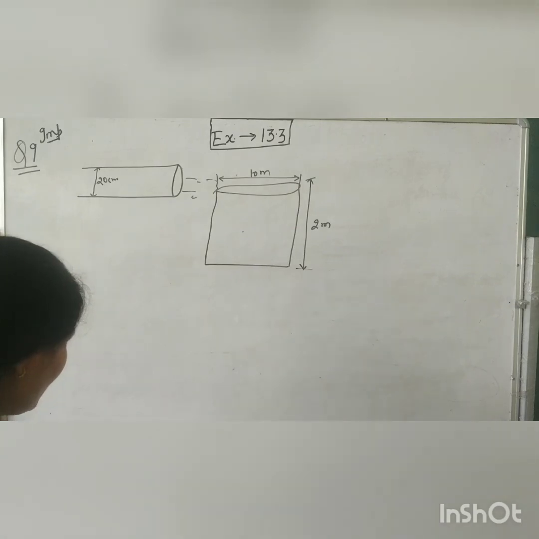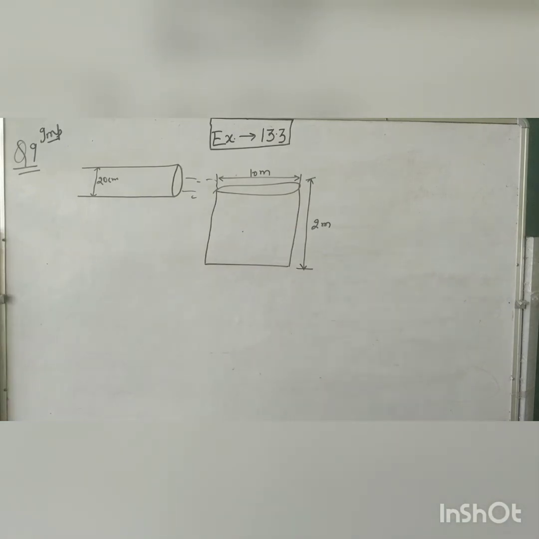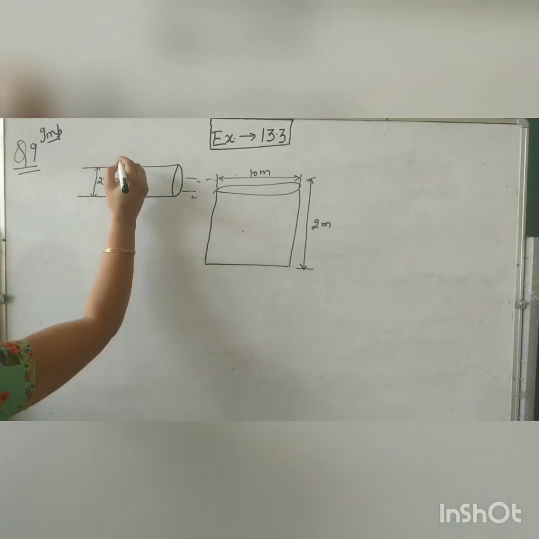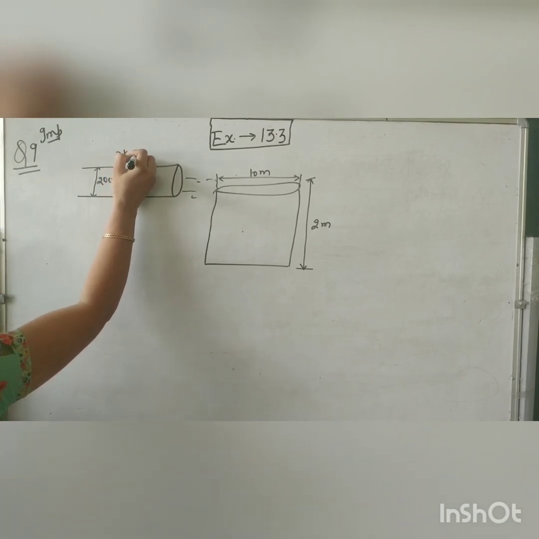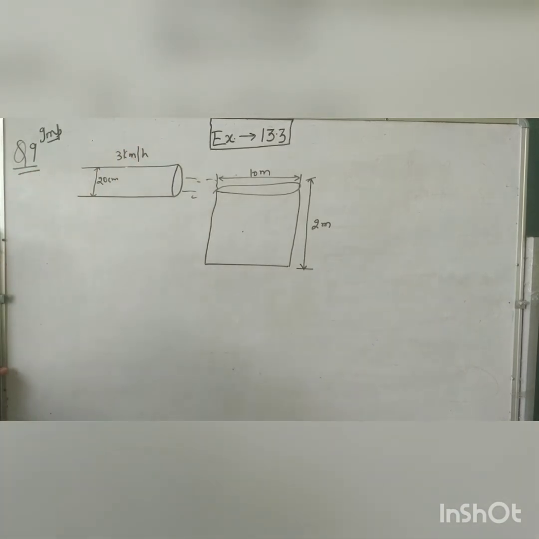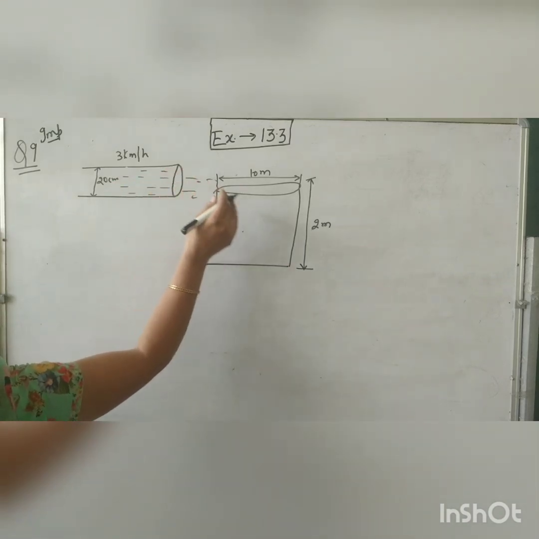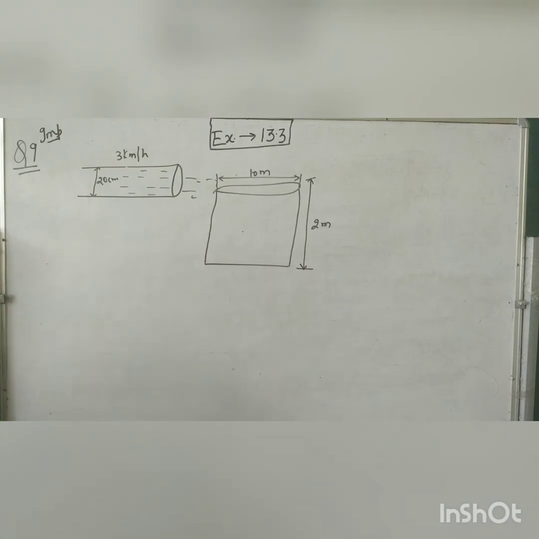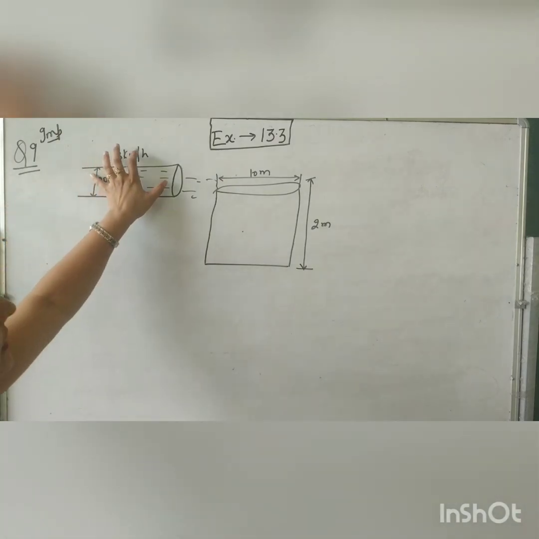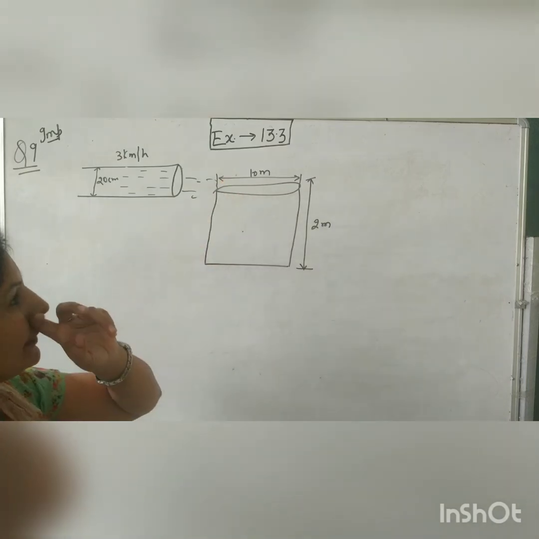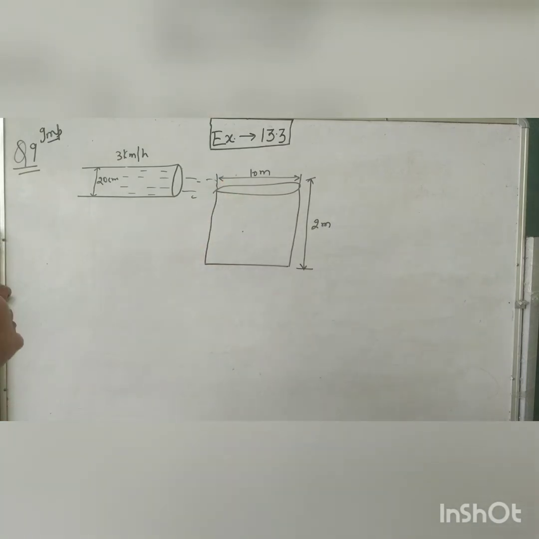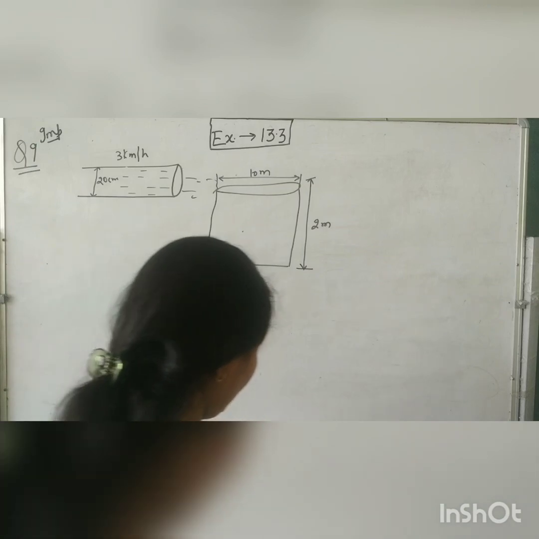If water flows through the pipe at the rate of 3 km per hour, speed is given now, 3 km per hour, in how much time the tank will be filled? Okay? In how much time this tank will be filled, right? Now, we have to find time.